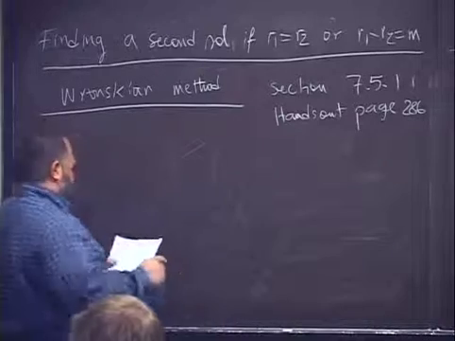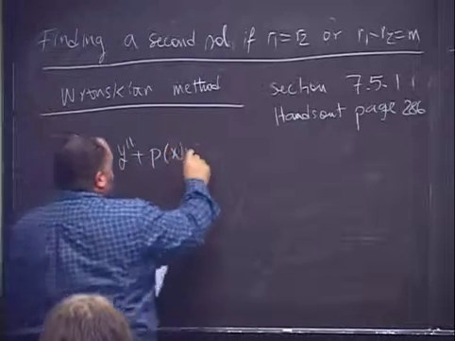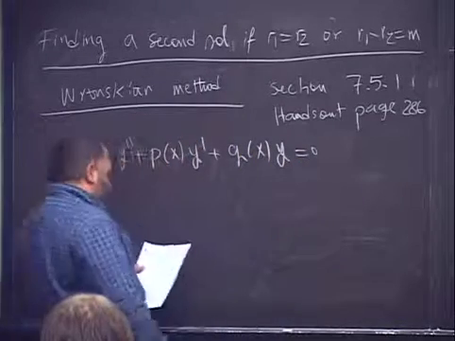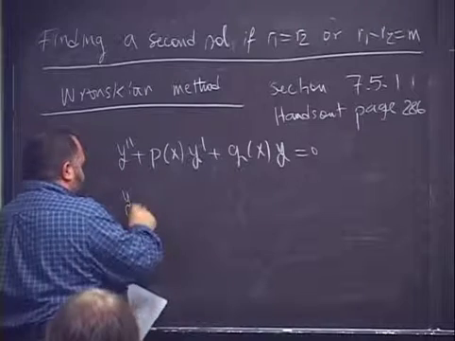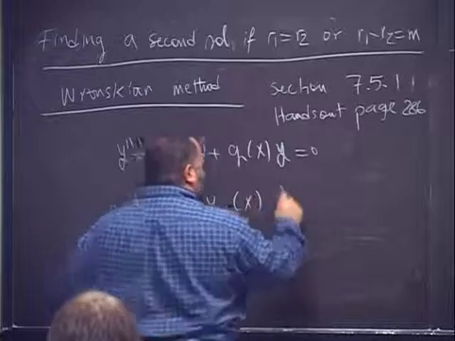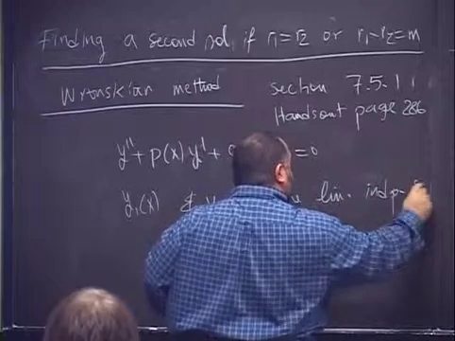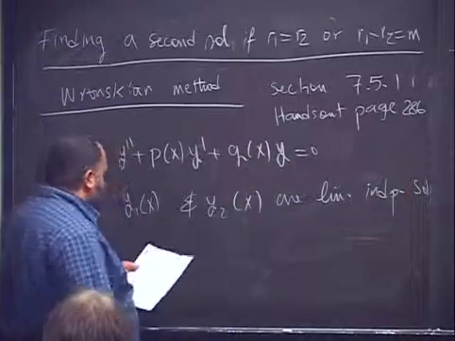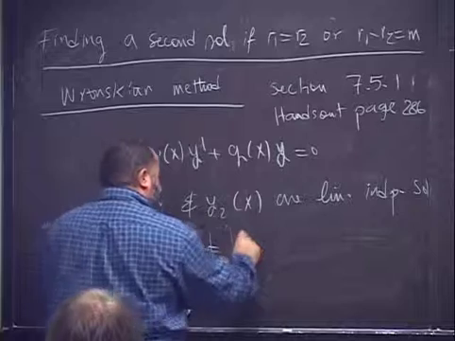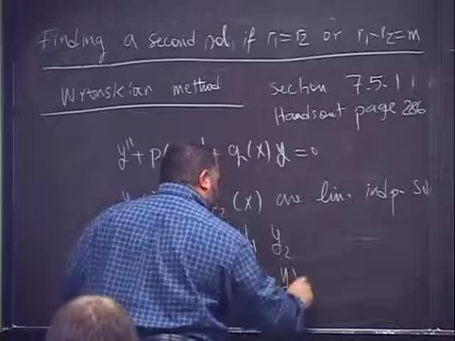And so if we have a differential equation, y double prime plus p of x multiplied by y prime plus q of x multiplied by y equal to 0, and y1 of x and y2 of x are linearly independent solutions, we know that the Wronskian is equal to the determinant of y1, the derivative of y1, y2, and the derivative of y2.